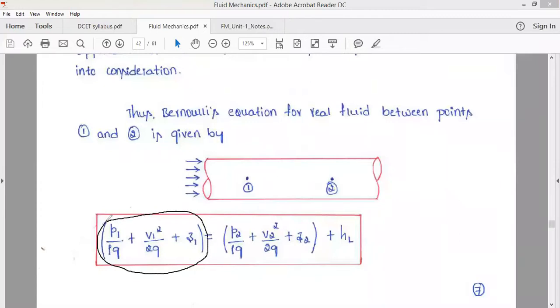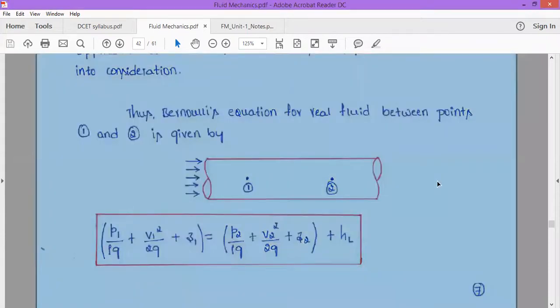This must be equal to total energy at point 2, that is P2 by rho g plus V2 square by 2g plus Z2 plus HL, where HL is the loss in head of the fluid while flowing from point 1 to point 2, if and only if the fluid is real, if the fluid is having some viscosity, right?